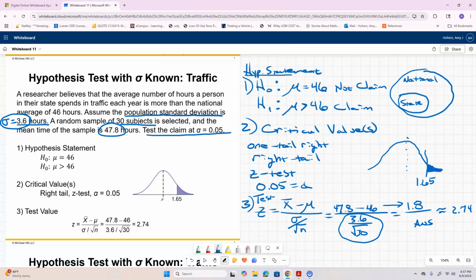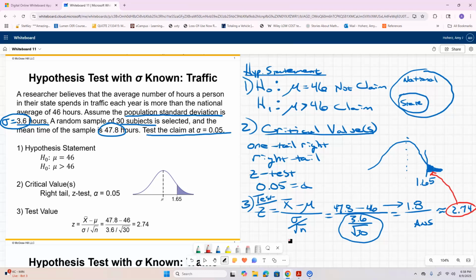So we have hypothesis statement, critical values, test value. What do we do with our test value? Well, we take our test value and we see where it falls in comparison to our critical value and our critical region. Well, if we go up here, we can see that 2.74 is going to fall up above 1.65, which means it's in the critical region.